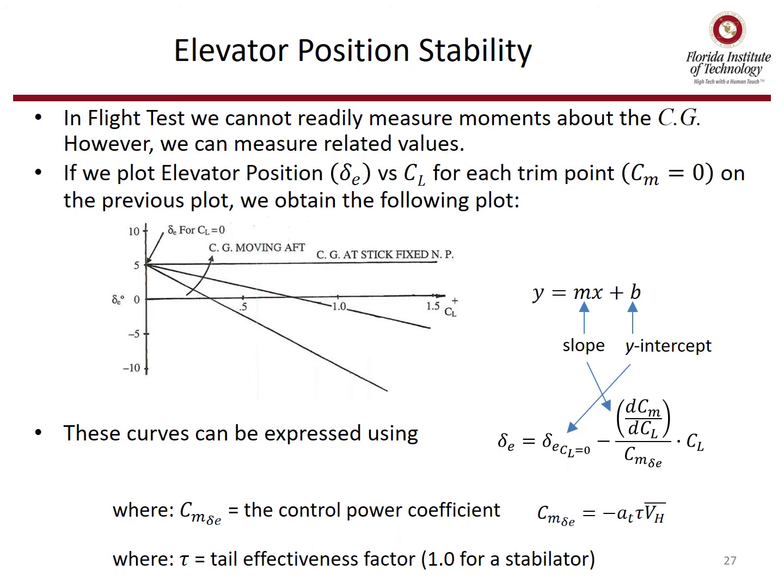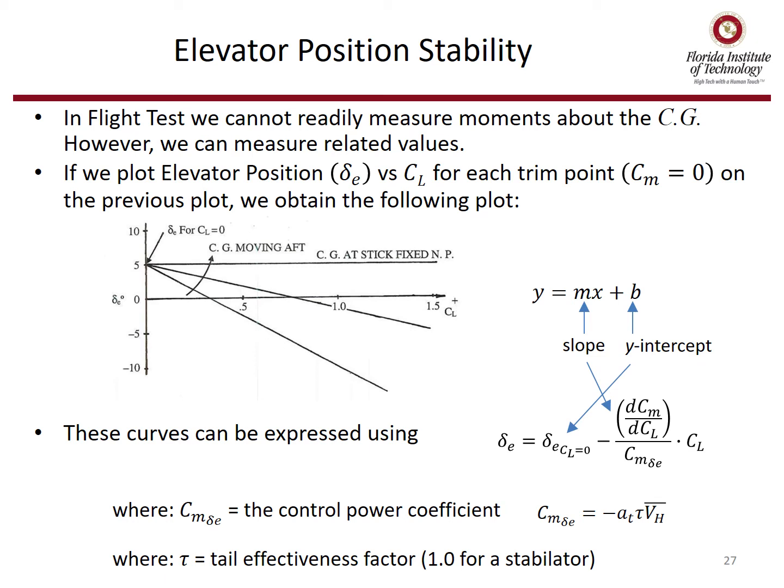In flight tests, we cannot readily measure moments about the CG. However, we can measure some related values that give us the same overall information. If we plot elevator position versus CL for each of the trim points that we saw on the previous page, we can generate a plot like the one shown here.